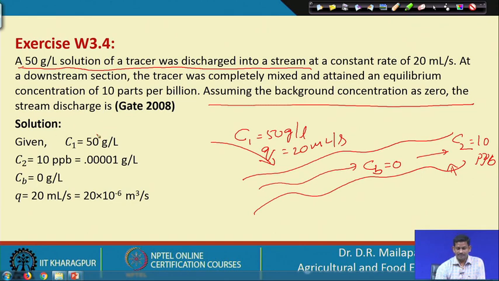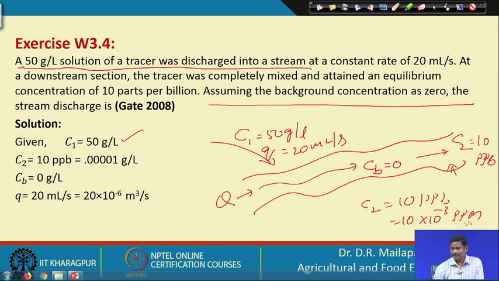The stream discharge is, so what would be the stream discharge here? So, this is the problem. Given C1 and C2, which is 10 ppb. C2, 10 ppb, is equal to 10 into 10 power minus 3 ppm, or 10 into 10 power minus 3 milligram per liter, right.